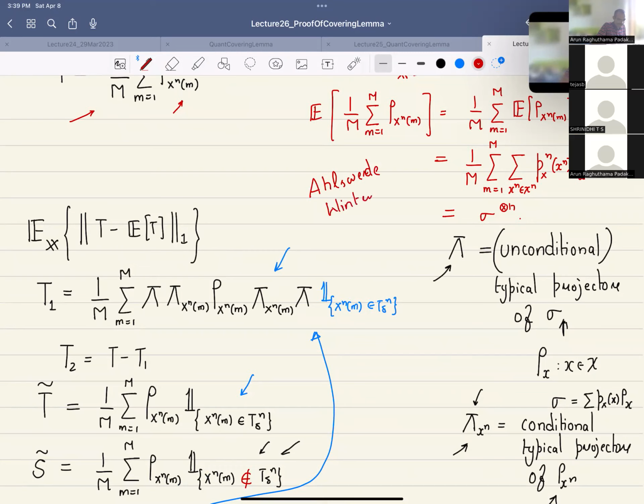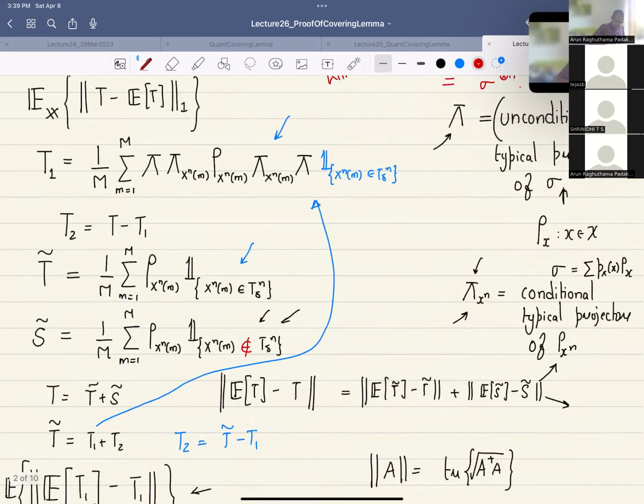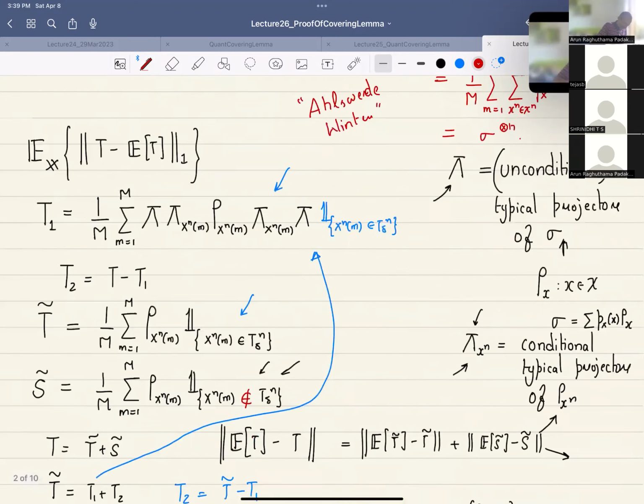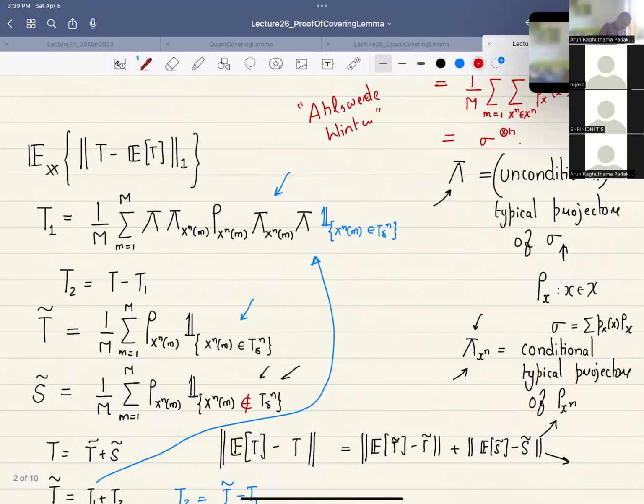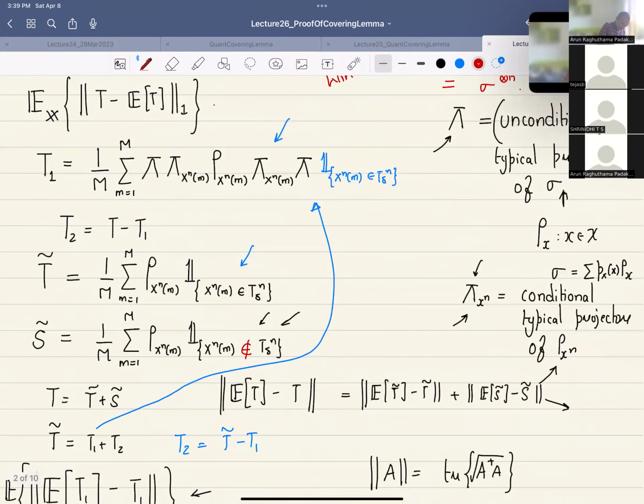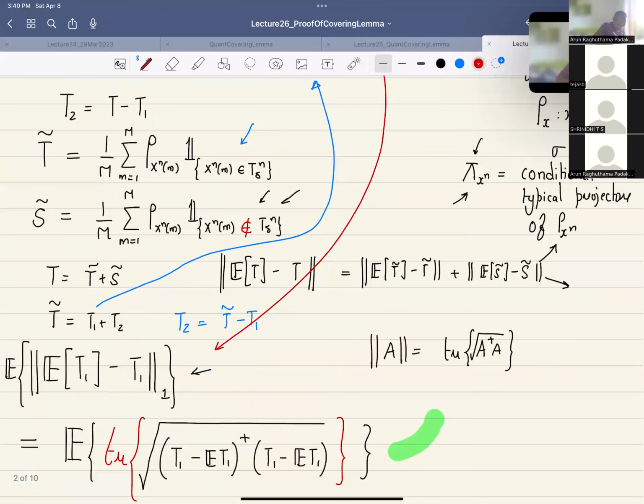You can't use it everywhere, and I am going around that in a completely different way. So take a look at Wilde. Wilde will give a sequence of steps taking you from here to here. I'm going to ask that in the exam. And from here, I give you a different analysis.